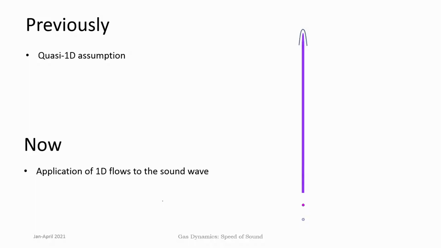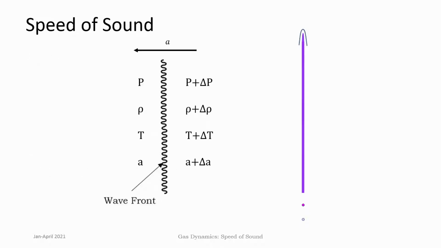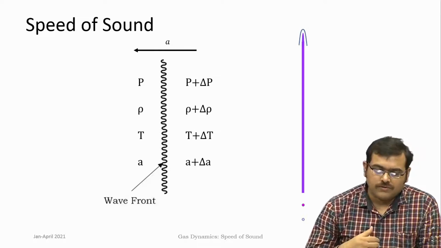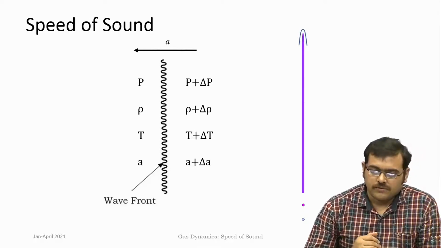Now, let us apply some of these principles to first look at a very important characteristic of compressible flows, that is the speed of sound. Sound waves are very important when discussing compressible fluid flow, as we had discussed in previous classes, including the flow regimes, where it is the main mode of information transfer among different parts of the flow.